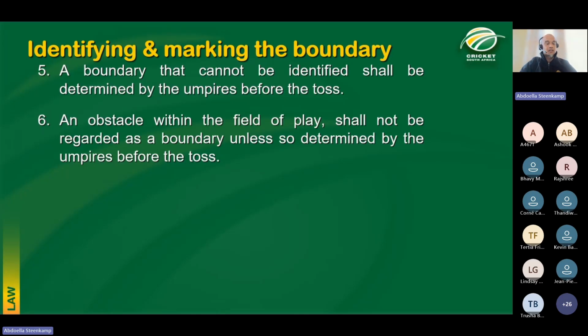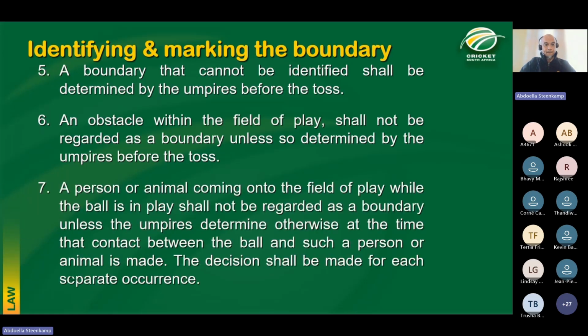The law tells us that you, the umpires, together with the captains, decide how you're going to deal with those posts or rugby poles that are inside the field of play. This needs to be discussed before the toss. You need to discuss what will happen if the ball, while in play, should hit the rugby poles or the soccer poles.